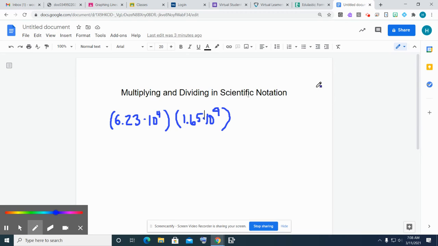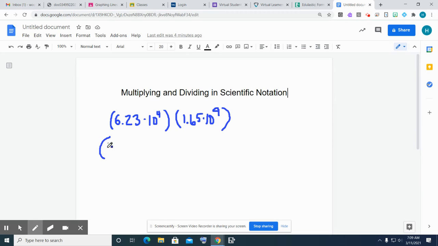All right, guys, so we've got our first problem here, our 6.23 times 10 to the 4th and 1.65 times 10 to the 9th. So what we need to do is pull our coefficients out to the front.